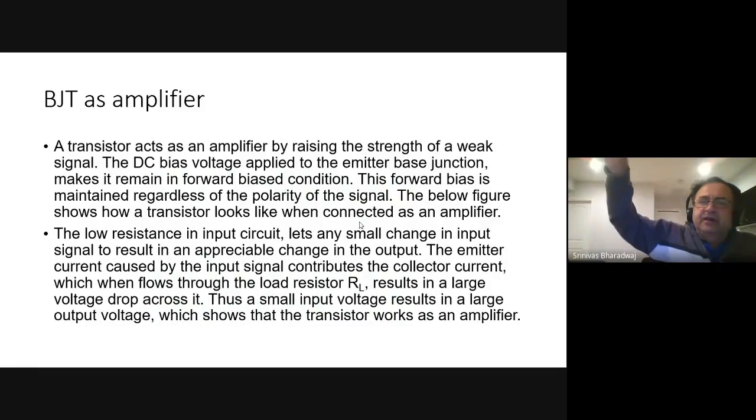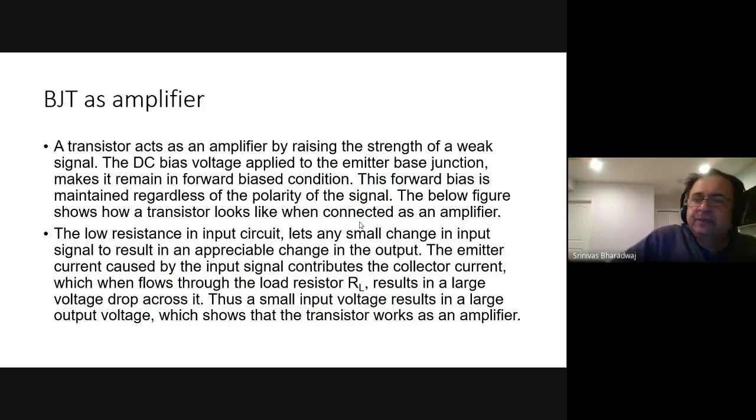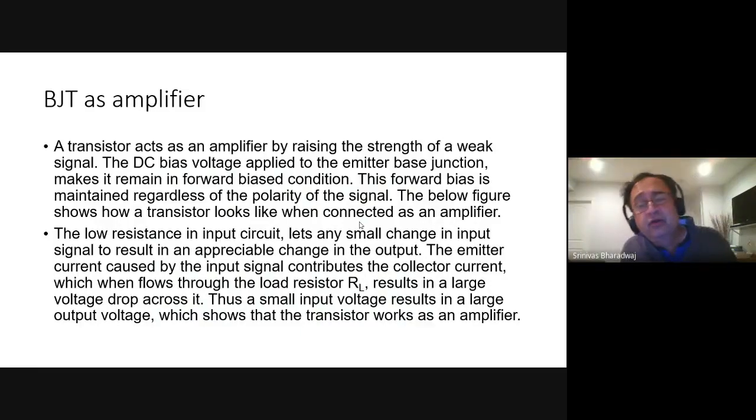The base emitter is forward biased, and forward bias is maintained regardless of the polarity of the signal. So when you increase the signal on the base emitter side, the collector current correspondingly goes up.